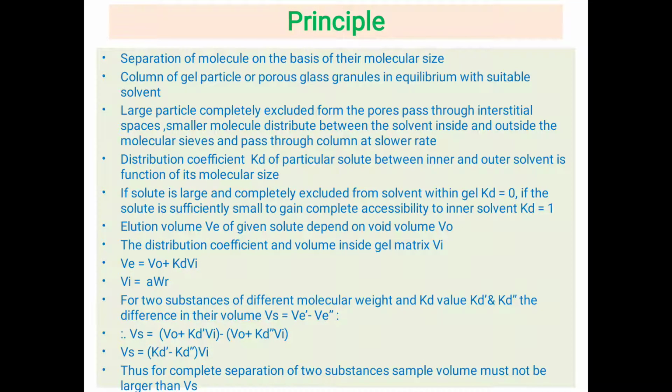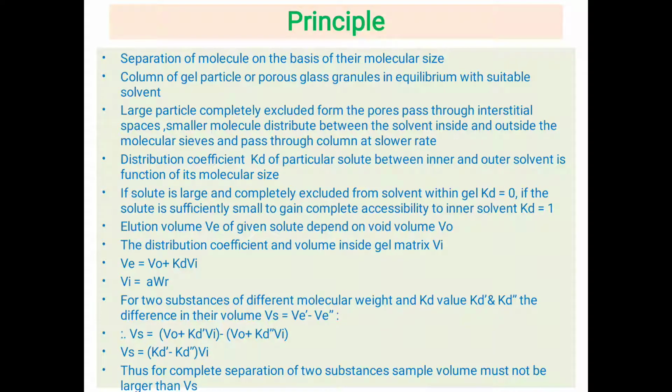VE is V0 plus Kd Vi. So VE prime is equal to V0 plus Kd prime into Vi, minus VE double prime, which is V0 plus Kd double prime into Vi.